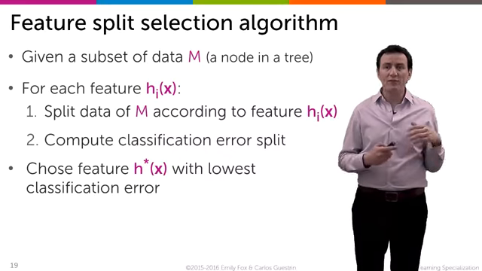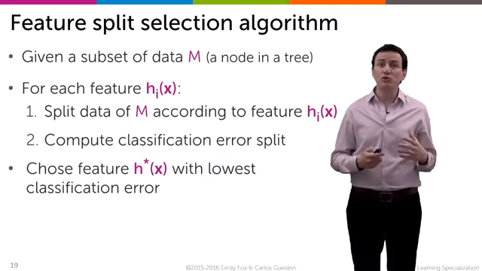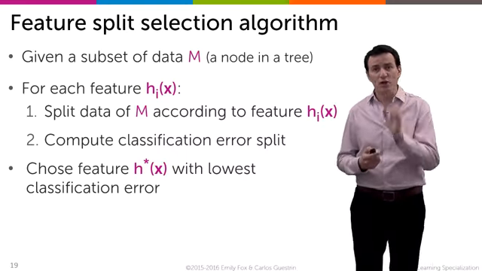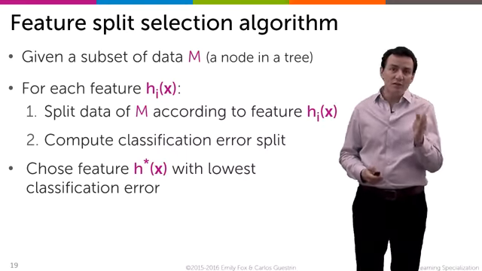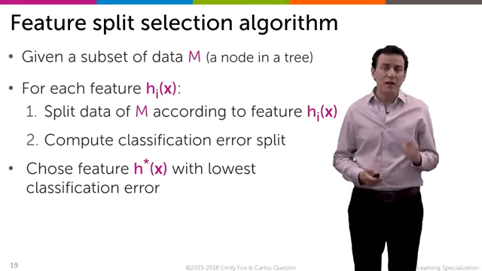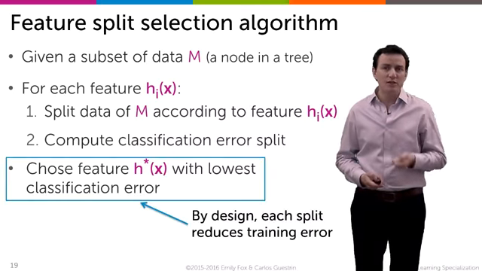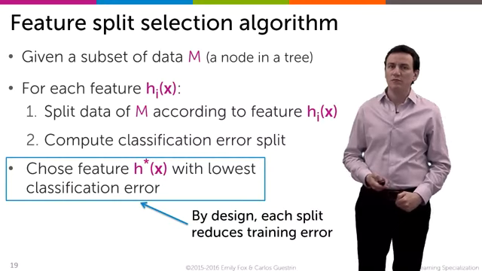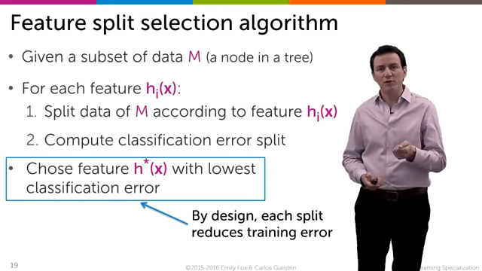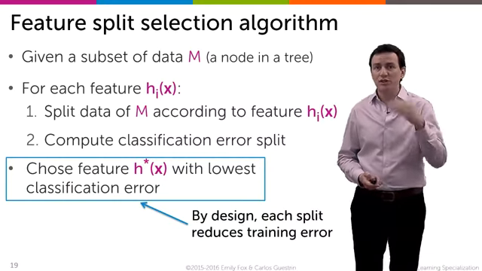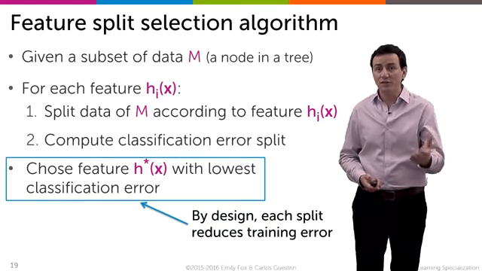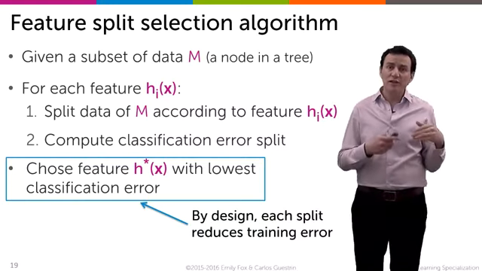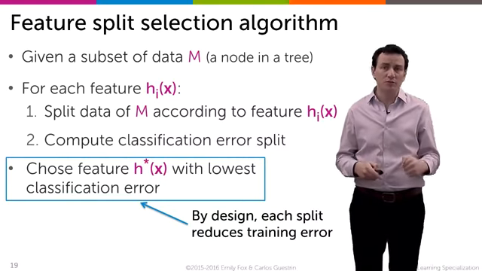Now, if we go back and review the algorithm for choosing the best feature to split on, we try every single possible feature and pick the one that decreases the training error the most. And so at every step of the way, we're adding features that decrease the training error, and eventually, we're going to drive the training error to 0.